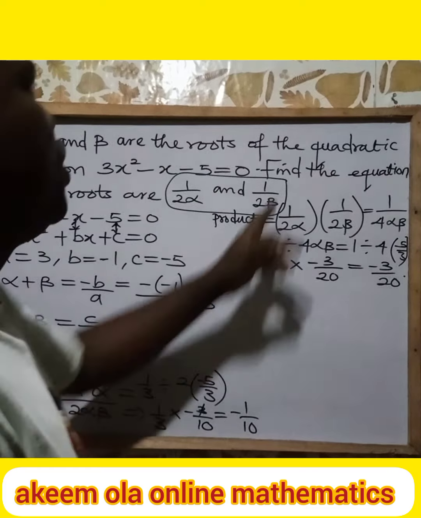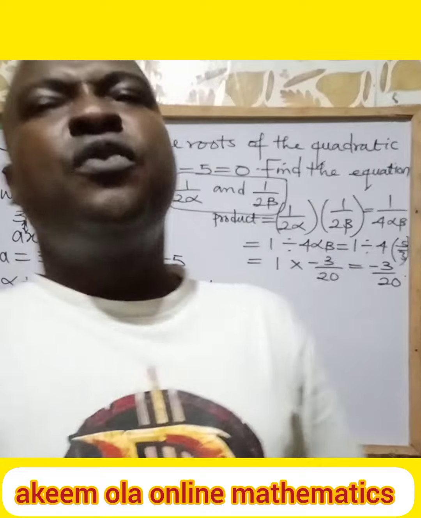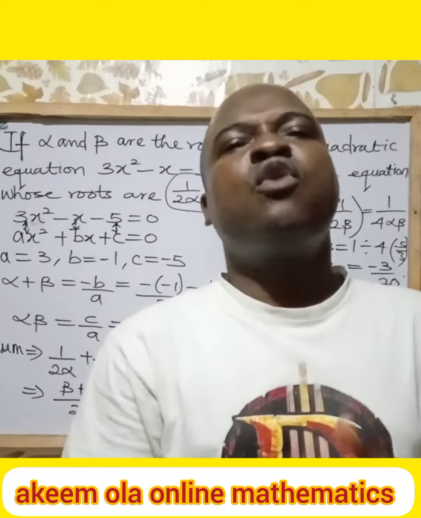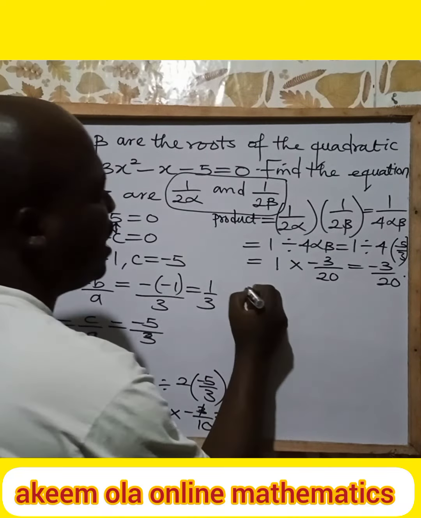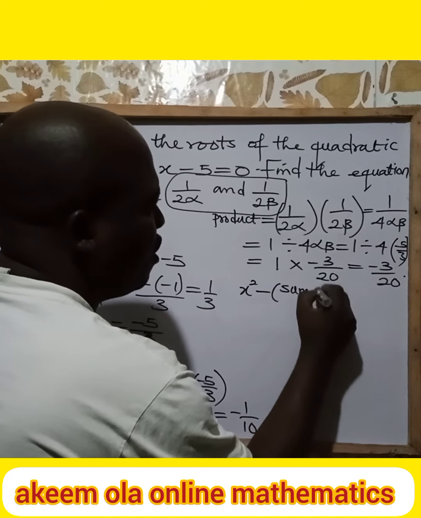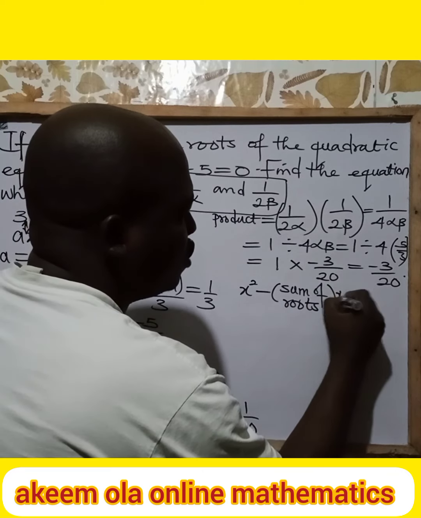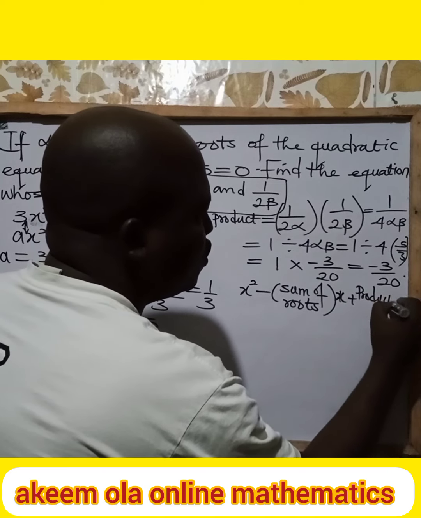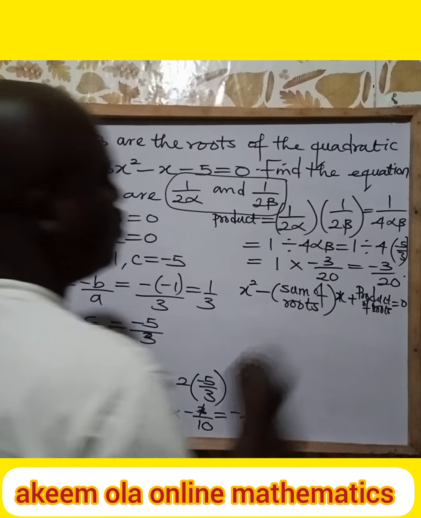Normally, they said we should find the equation, another equation. To find another equation, when a particular equation is given from the question, there is a formula for it, and the formula is always given by x squared minus sum of roots times x, plus product of roots is equal to 0.